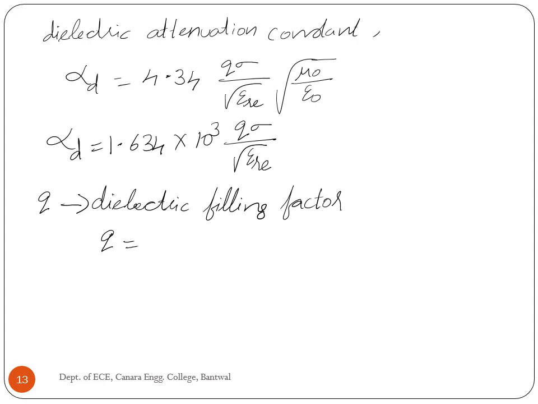Q is equal to the effective dielectric constant of the substrate minus 1 divided by the dielectric constant of the board.